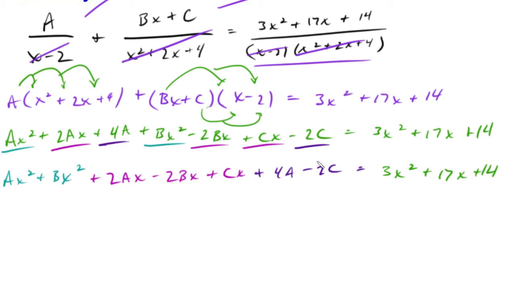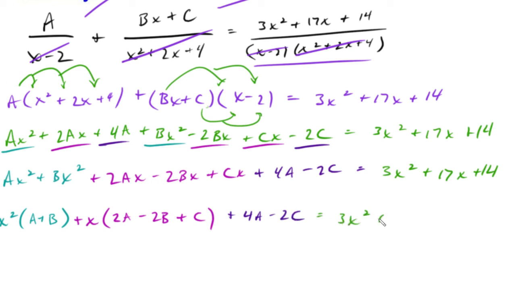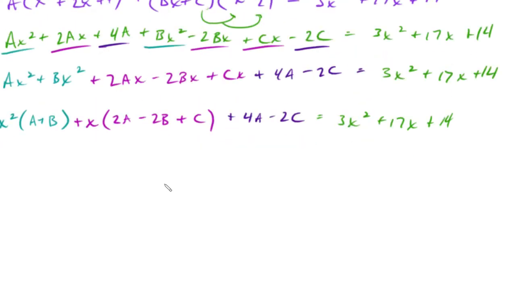And so now you factor out your x's and your x squareds. You get 2a minus 2b plus c, and then you keep these by themselves. And then you compare.